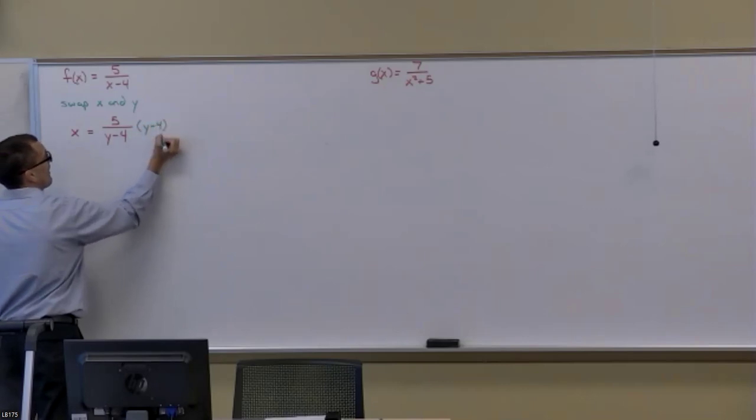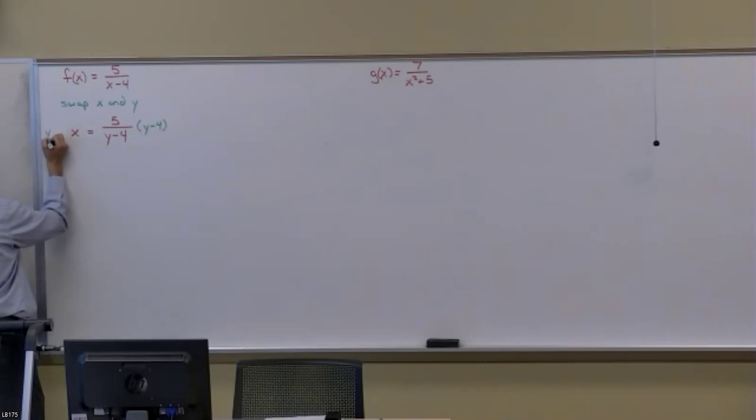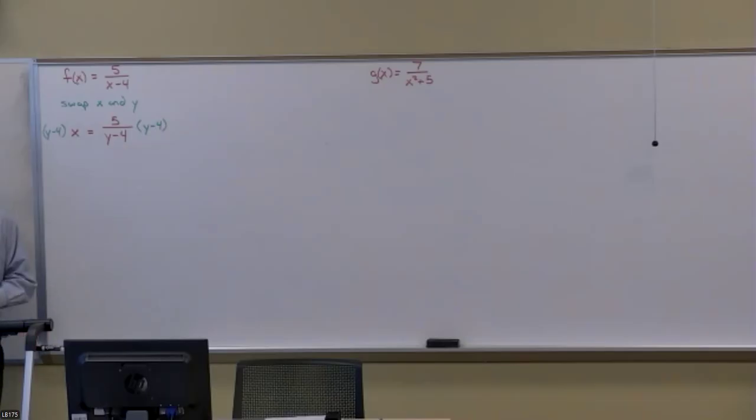What I would do is I would multiply both sides by the denominator and get rid of the denominator. If I do that on the left-hand side, I'm going to distribute the x times both the y and the minus 4. You could also think of this as cross multiplication. Think of this as x over 1 and then cross multiply.